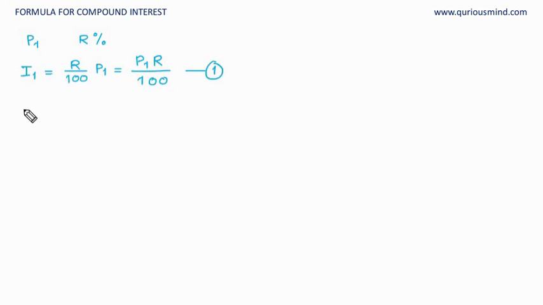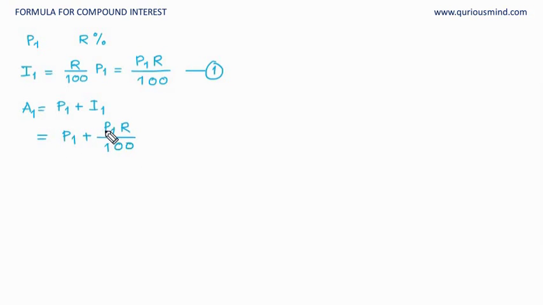Now we know that amount is equal to principal, so in this case principal 1 plus I1. Principal plus interest is amount, so I'll call this amount 1. So that would be P1 plus P1 R upon 100.